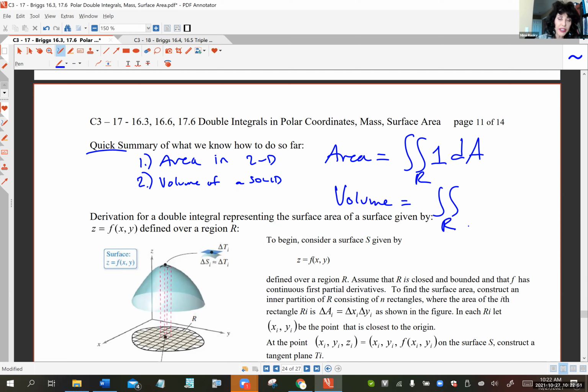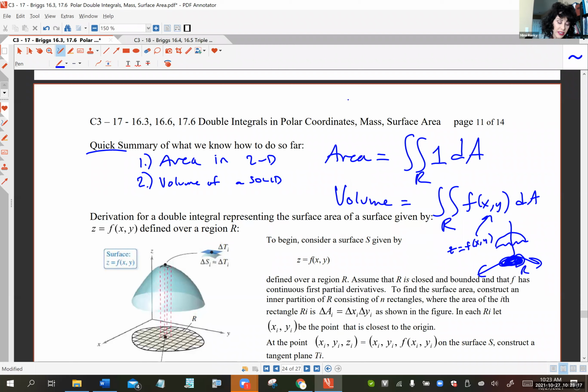You're going to have the region of integration, and then you're going to have something here in the integrand. Now, if your solid is the kind of solid that you have a capping surface here, given by z equals f of xy, and the base of your solid is here in the xy plane, and we'll call that region R, then only your capping surface will go into the integrand.